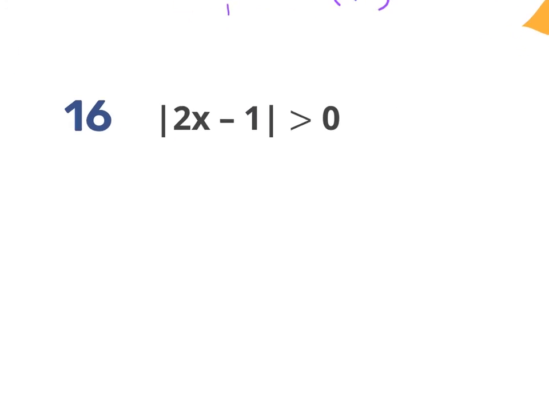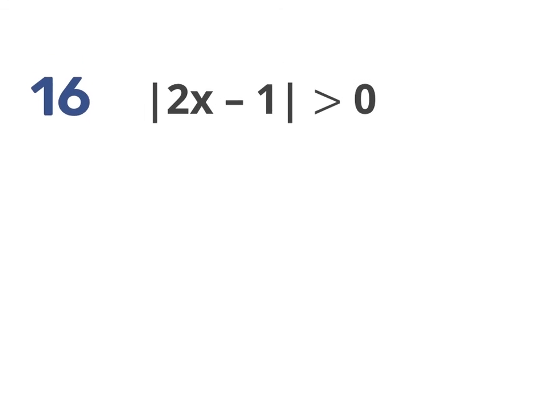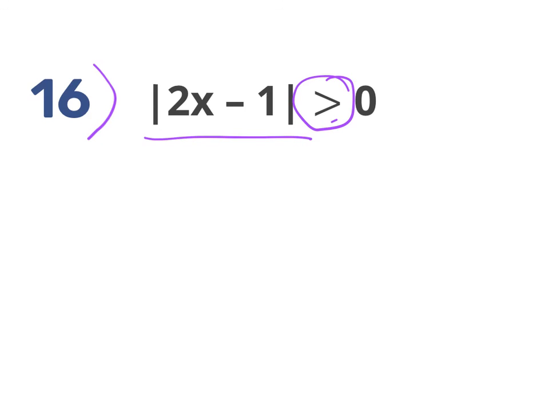So 16 is a little tricky because it's a special case. You're saying the absolute value of 2x minus 1 has to be greater than 0. So almost every number is greater than 0. If it was greater than or equal to 0, then my answer would have been all real numbers. But really, we're saying every number except what would equal 0.